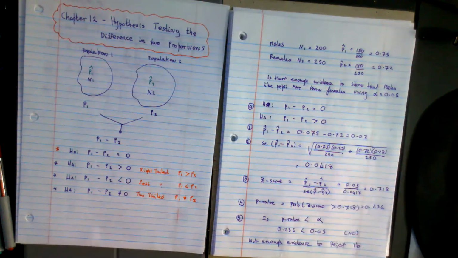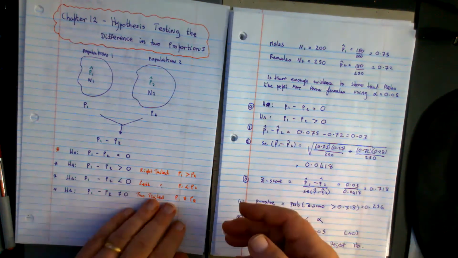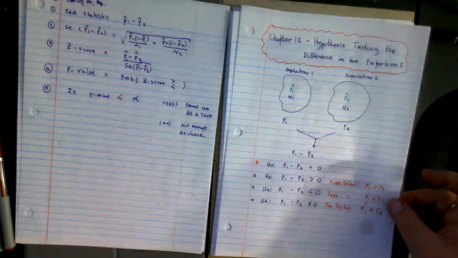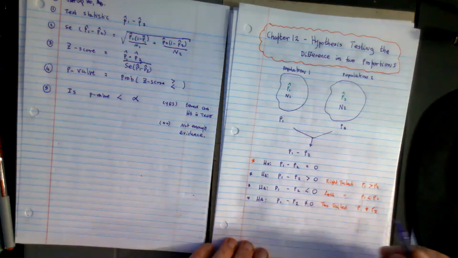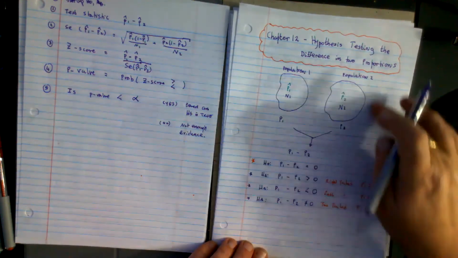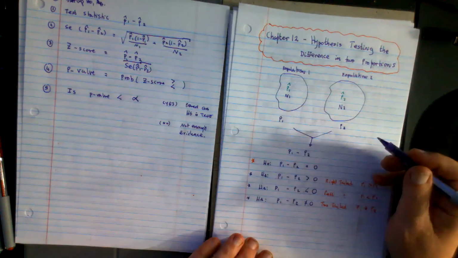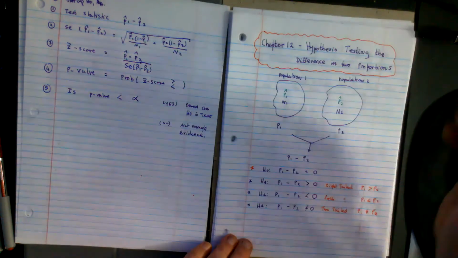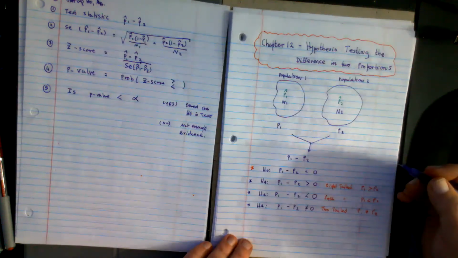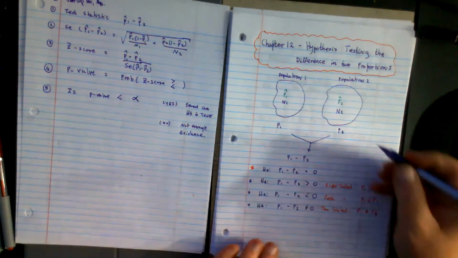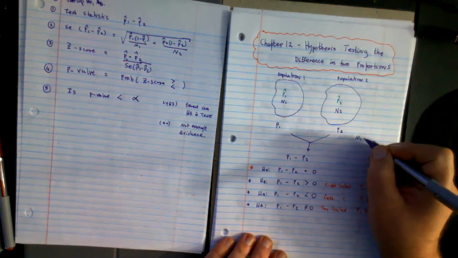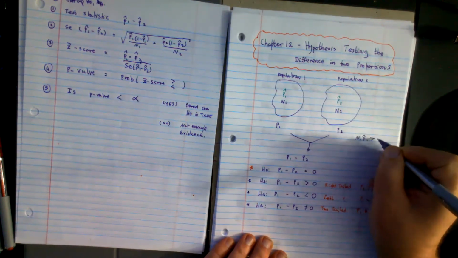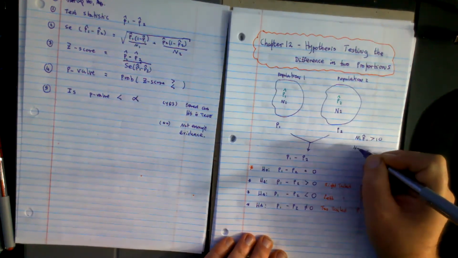Now there are a few other things I would like to mention before I go and look at the homework. One of them is, when are we allowed to use this process? Well, of course, you need the data to be unbiased, collected from good, representative samples, but you also need all these to be true.